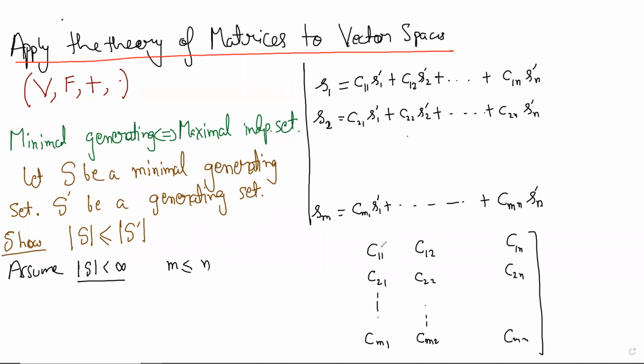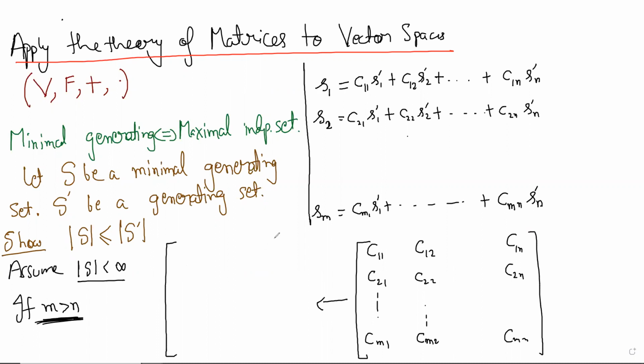Just for the moment, if you apply the row reduced echelon form, then what happens if M is bigger than N? You can see it from many approaches, right?